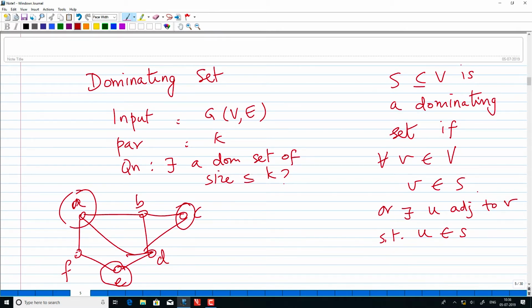So, I have a graph on n vertices, but each vertex is degree bounded by 10. Now I want to check, is there a dominating set of size at most k? Okay. The general version is W-hard. I just showed you from a reduction from independent set. But what can you say about this special version?